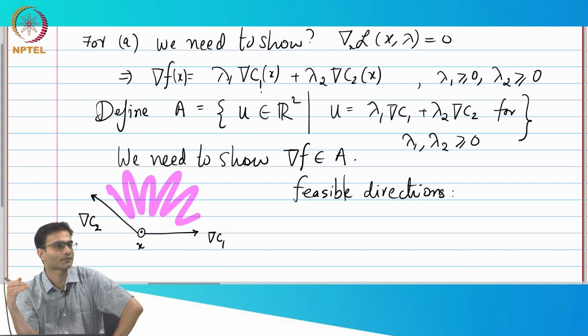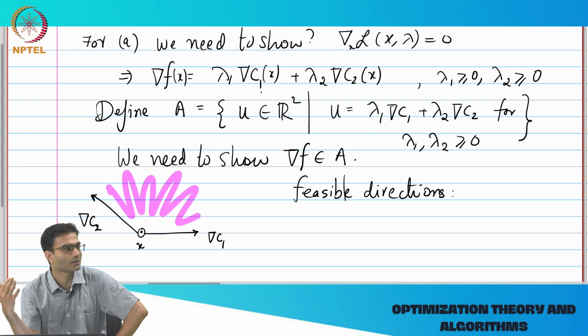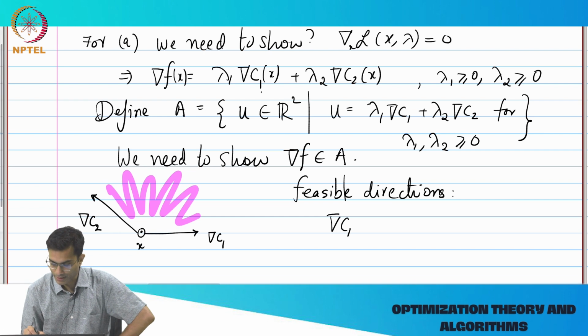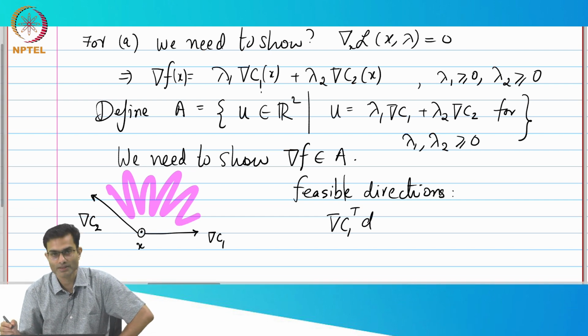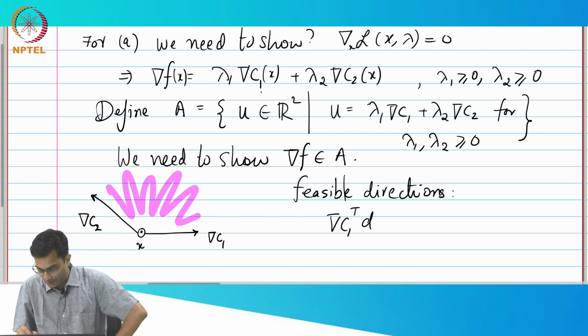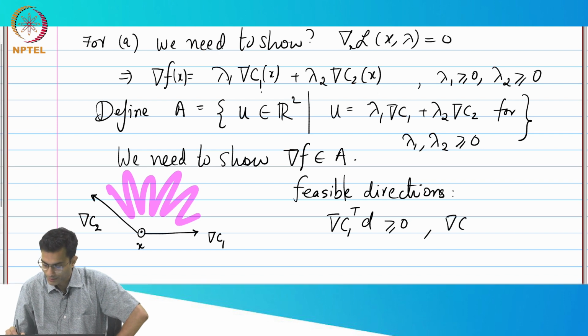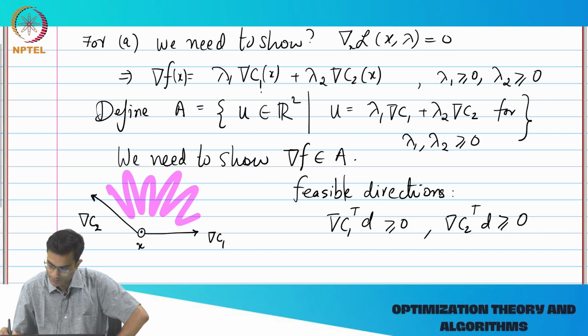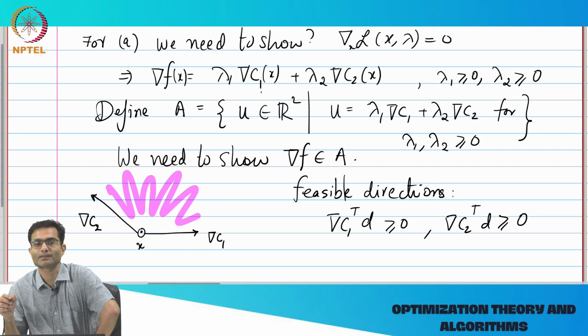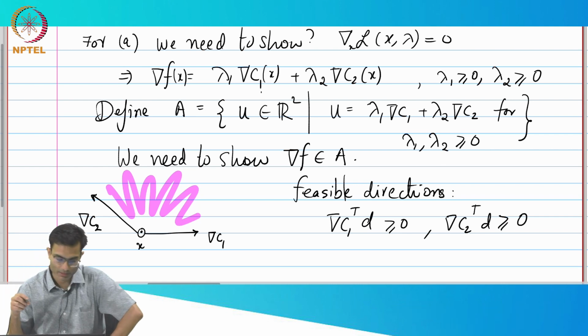What are the directions in which I can go to first order so that I still stay feasible? Wasn't it grad C1 transpose d greater than or equal to 0, and grad C2 transpose d greater than or equal to 0? If this was an equality instead of inequality, what would change? This would become equal, but in this case.